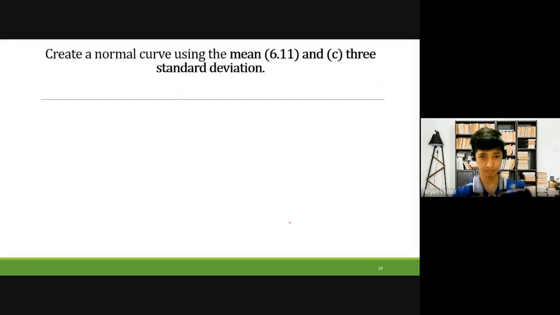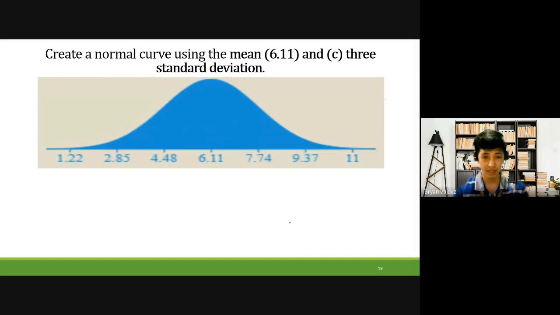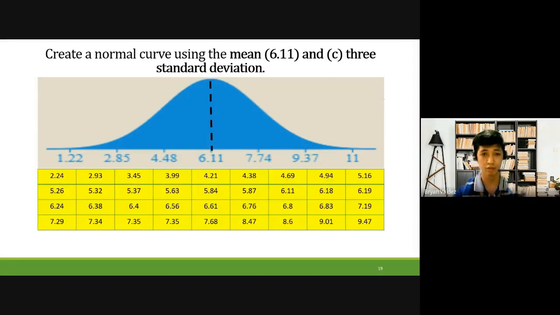Next, create a normal curve using the mean and 3 standard deviation. So meaning to say 3 standard deviation away from the mean. Ayan, so this is our normal curve. So mapapansin natin shaded na siya lahat, ang area natin. So that is the mean, 6.11. And then included na lahat nung ating data.